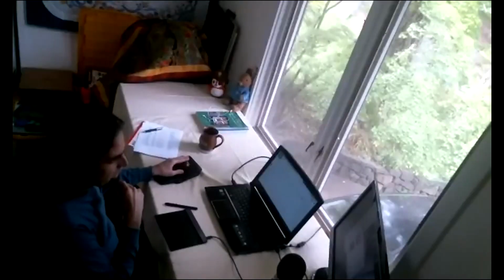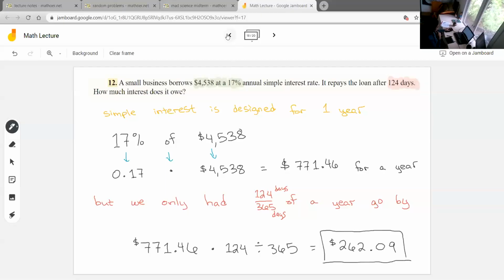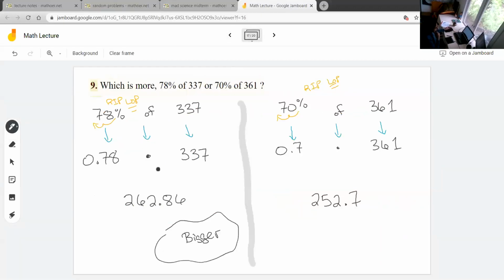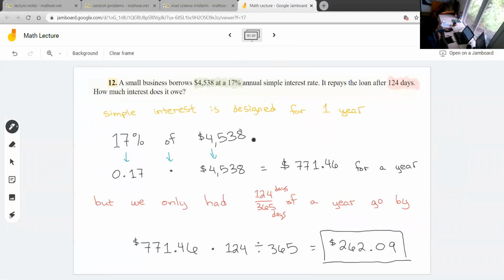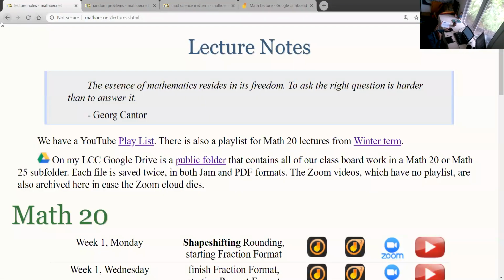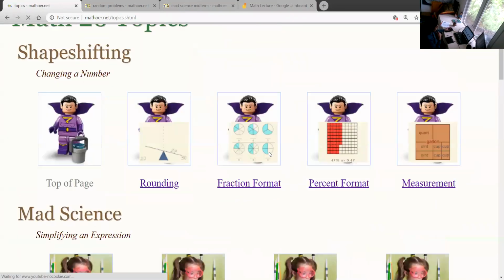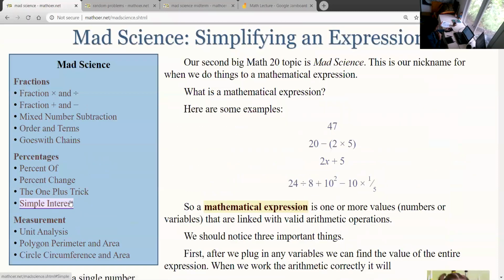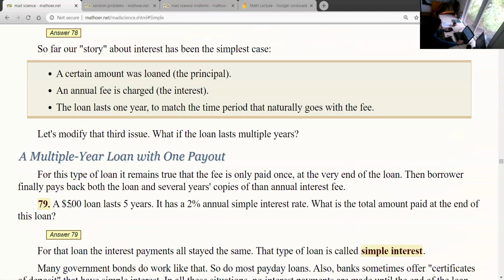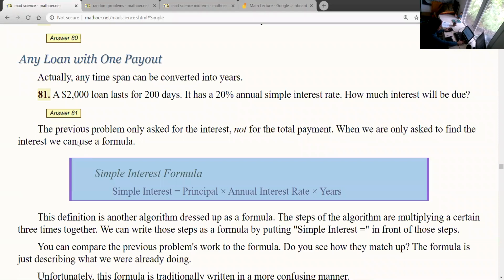So if you do it the way I do a lot, then you'll say, well, I do like how it looks like number 9. We're finding a percent of a number. But this is a lot of writing for just multiplying 3 things together. So we have that simple interest formula.